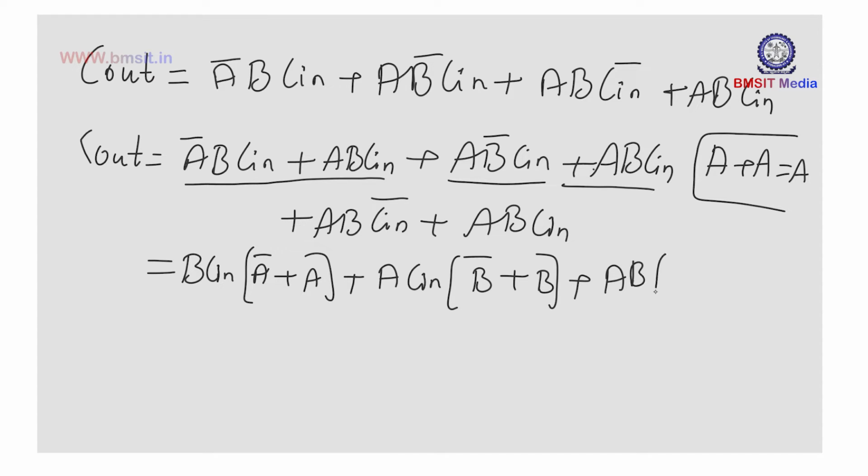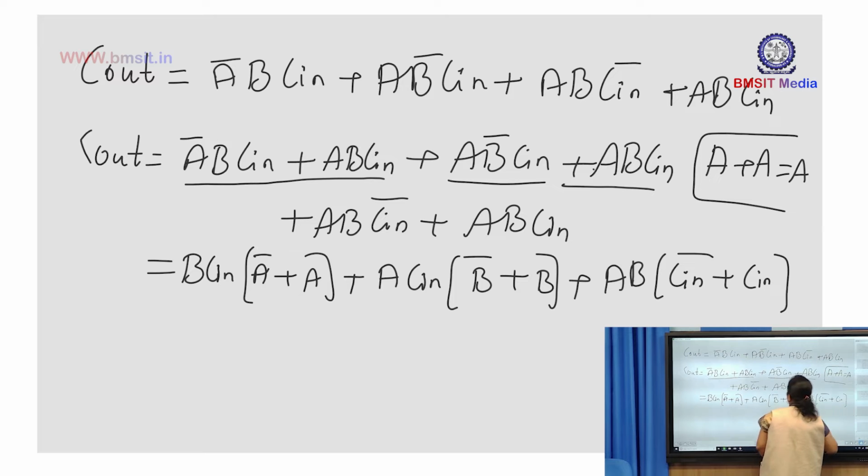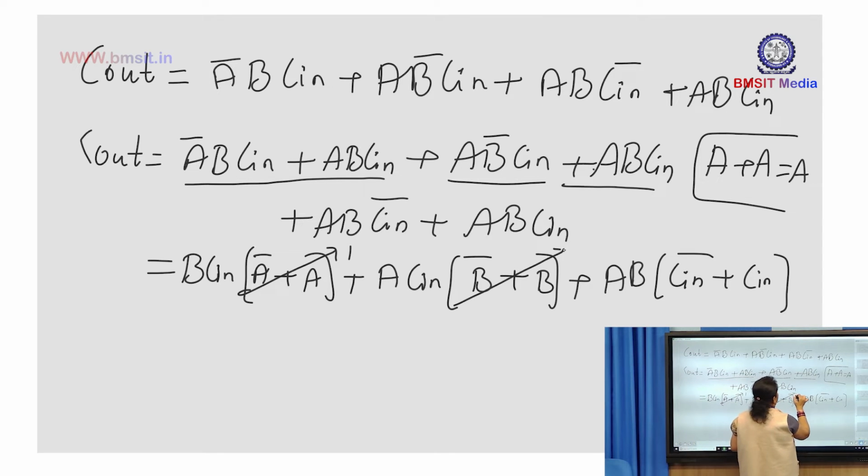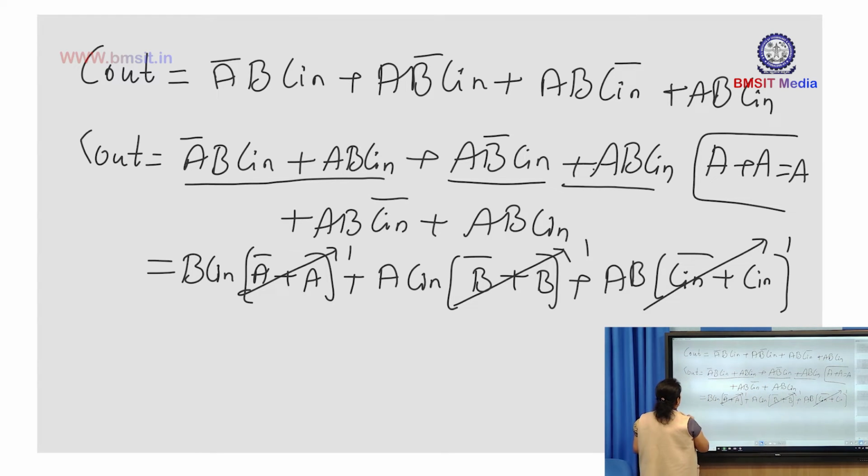So you will be left with C in bar plus C in. Now once again we will be using a rule here. What is that rule? A plus A bar is 1. Similarly, B plus B bar is 1. The same thing, C in plus C in bar is 1. We have used the rules here.